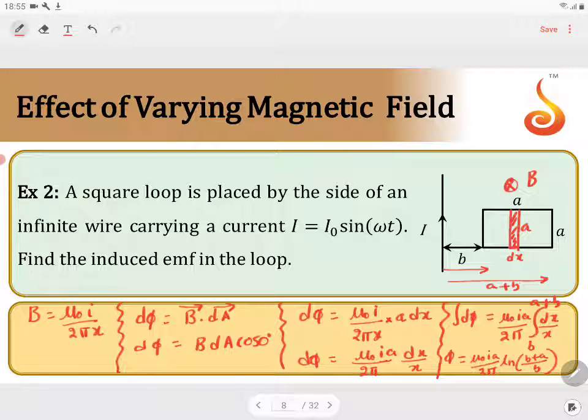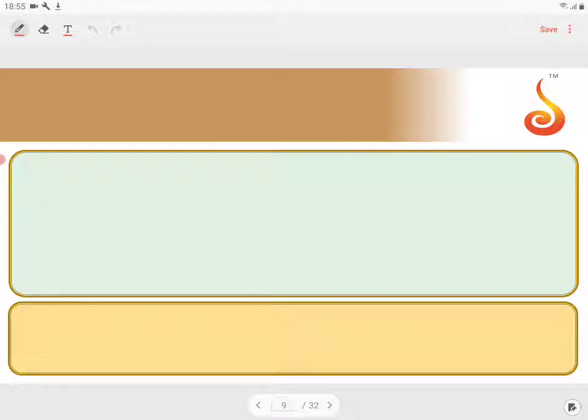So now is this flux varying or not? This flux is varying because current is varying. So the total flux is given by mu naught I a by 2 pi ln of b plus a divided by b.